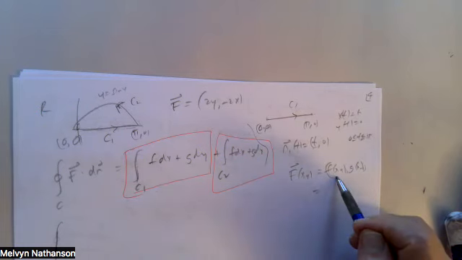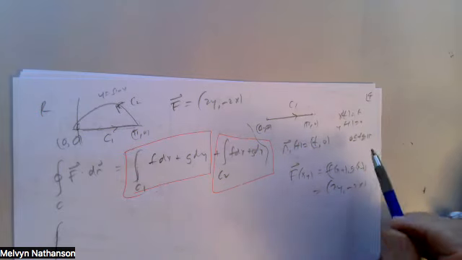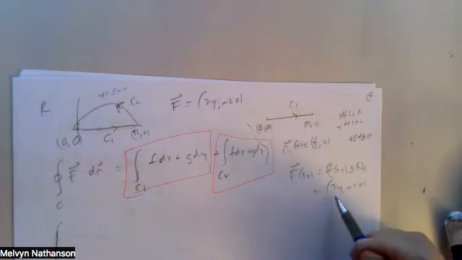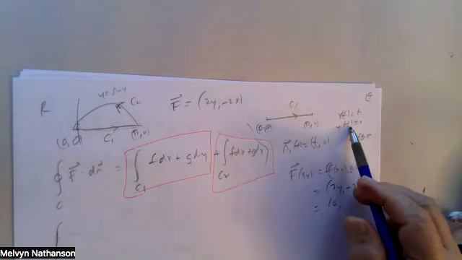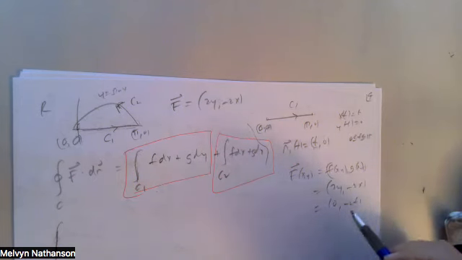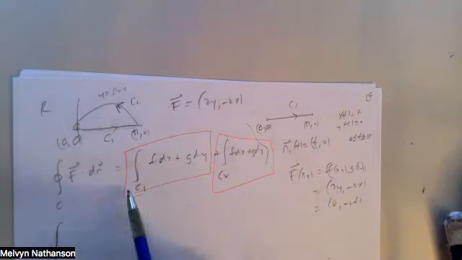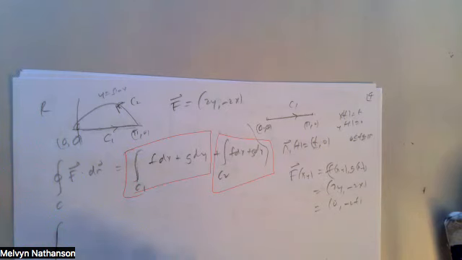F of x, y is 2y, minus 2x. So when y of t is 0, this is 2 times 0, and when x of t is t, this is minus 2t. So along this horizontal line, the first part of the curve, f of t is 0 and g of t is minus 2t.